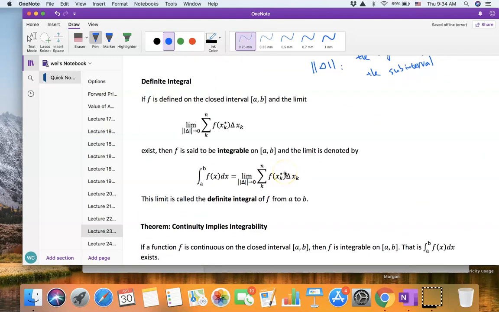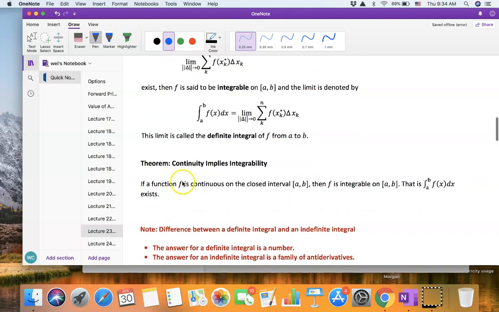Now remember, I said this is not always true unless the function f(x) satisfies a certain condition, right? So what is that condition? That condition is that the function must be continuous on the closed interval.